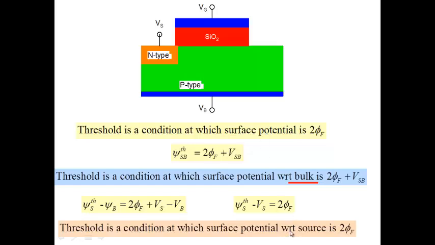If you say with respect to source, yes, true. Otherwise, you say threshold is a condition at which surface potential with respect to bulk is 2 phi f plus VSB. So if you're measuring with respect to bulk, then this is the condition. If you're measuring with respect to source, then this is the condition.